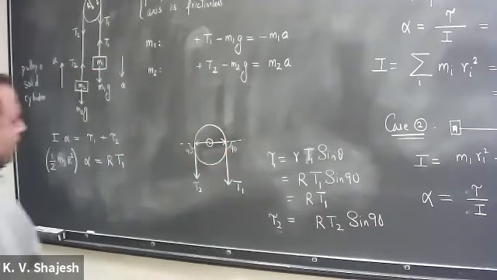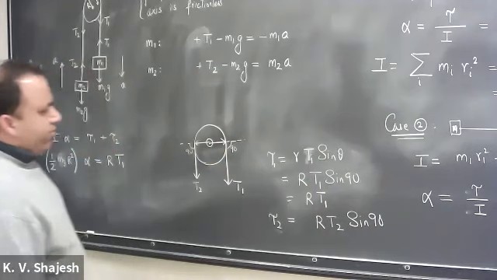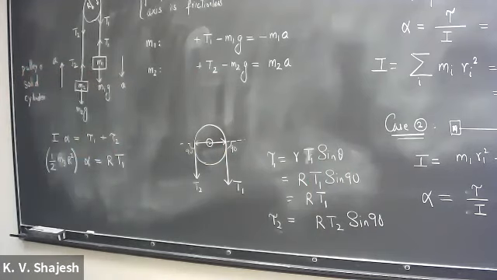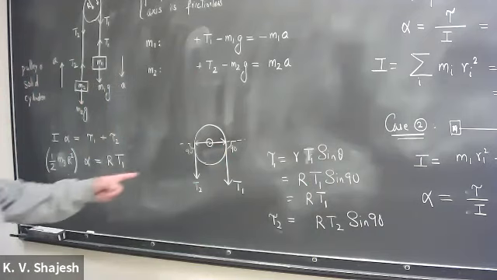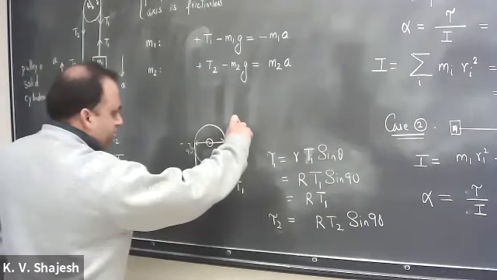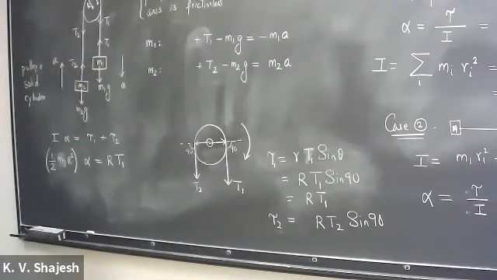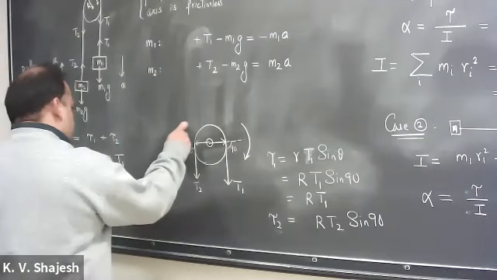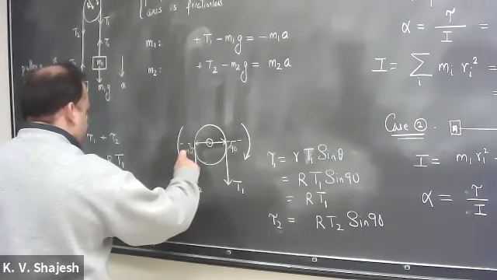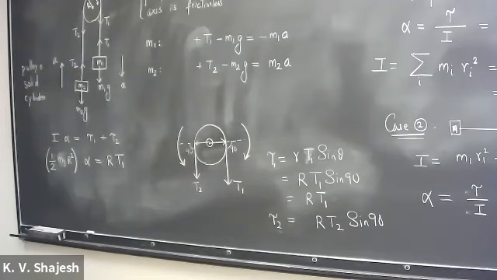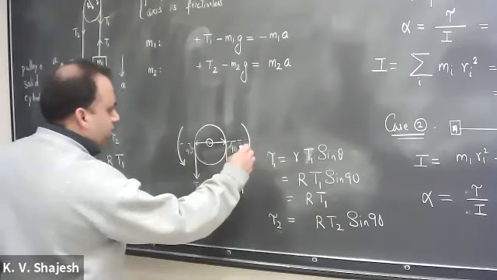And now I have to talk about a relative direction for the torque. Remember, tension T1, as we can visualize, makes this mass move in the clockwise direction, and this makes it move in the counterclockwise direction. So we have to keep that clear.